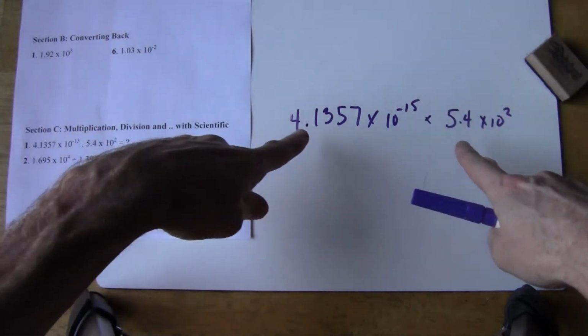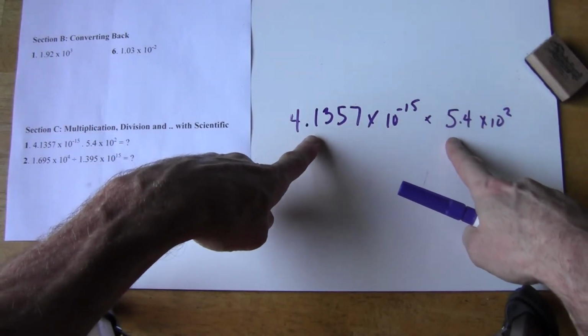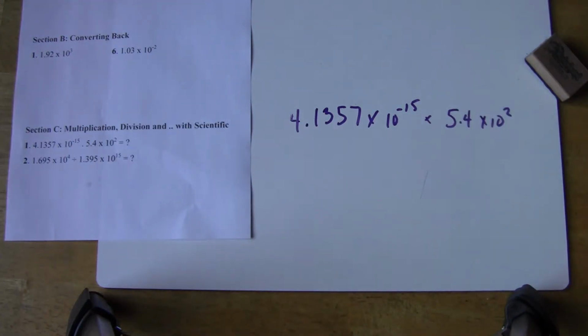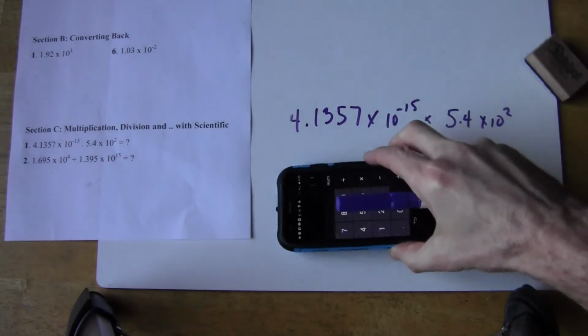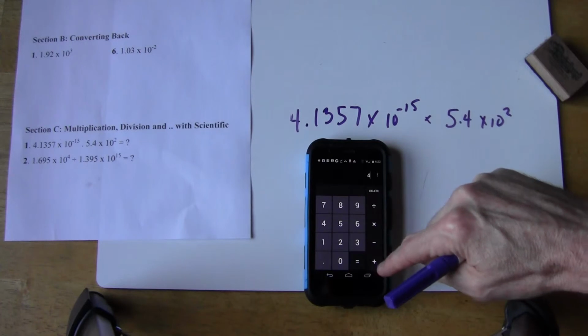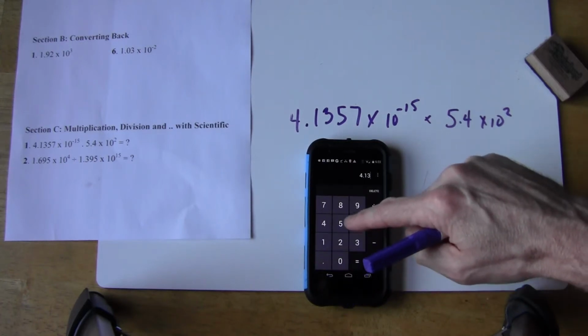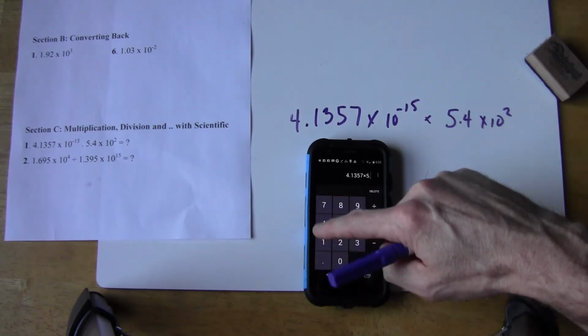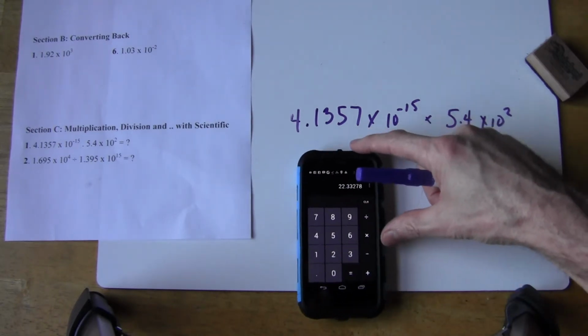What you do is you just treat this as 2 different problems. You do the multiplication or division of the numbers first. So I'm just going to use my calculator for that. I'm going to do 4.1357 times 5.4. So that's going to give me this answer.